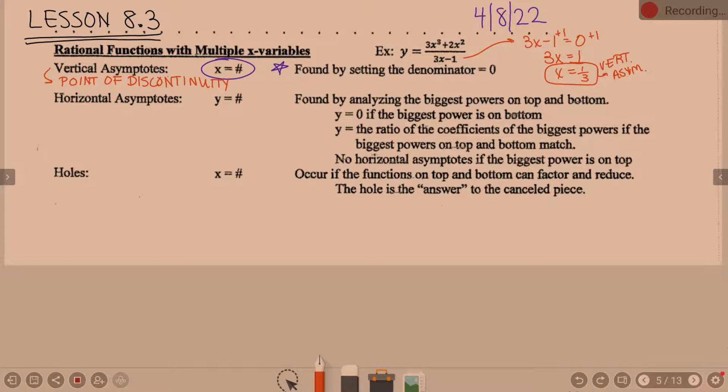Okay, so vertical asymptotes are one option for a point of discontinuity. When we talk about points of discontinuity, there are two classifications, removable or non-removable. And vertical asymptotes are called non-removable.